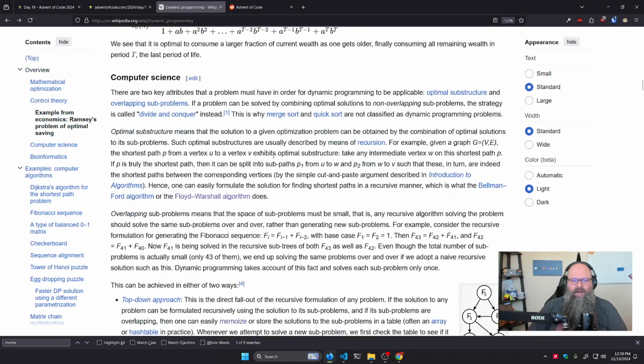So again, one of the things about dynamic programming is that it feels a little bit like magic. I think I've said this before about other things, but the idea that if I just solve a small subset of the problem, and then I do that over and over again, eventually I get to a whole solution. That seems kind of magic.